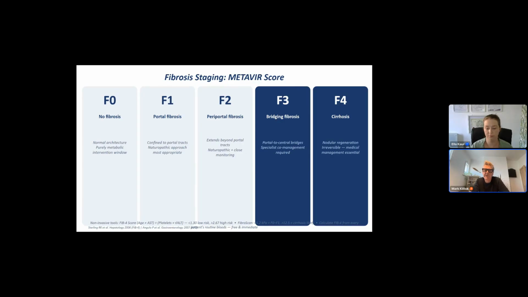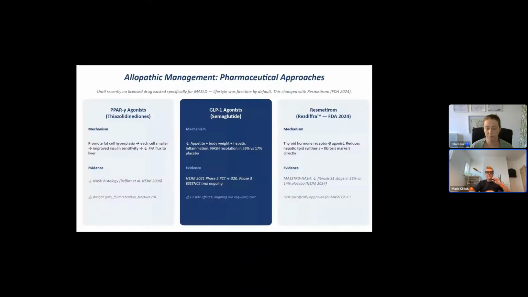So let's look at the pharmaceutical landscape. If we go on to the next slide, we can see what's happening in the allopathic world as far as management is concerned. This is interesting because there are different pharmaceutical approaches, and some of them are quite novel at the moment, especially the second two, the GLP-1 agonists and the drug resmetirom.